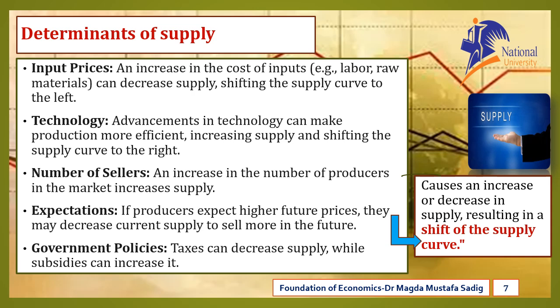So each determinant changes the conditions under which firms are willing and able to produce. This can enable us to analyze market behavior and price trends, so we'll be able to design effective policies.